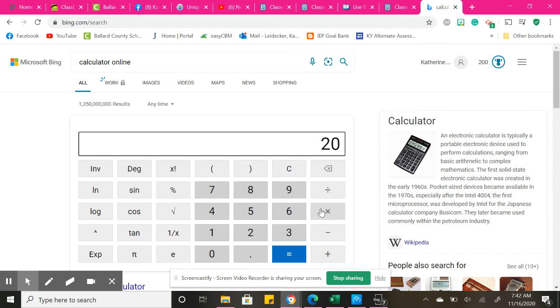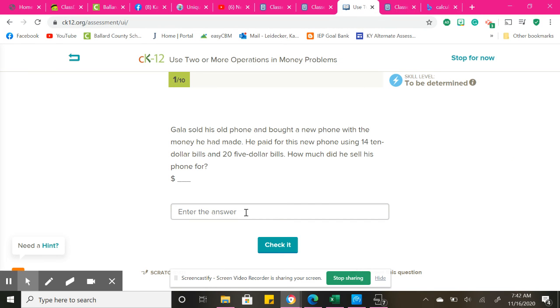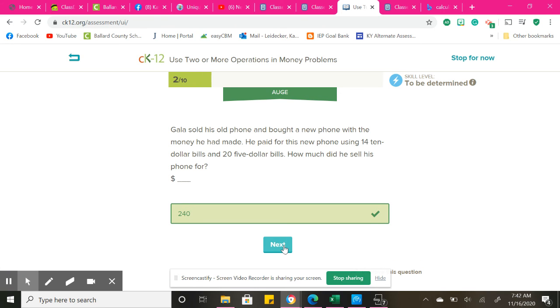So 20 times 5, because I have 20 of the $5 bills, equals 100. So then I'm going to add the 140 to that. And my answer then is $240. So he sold his phone for $240.